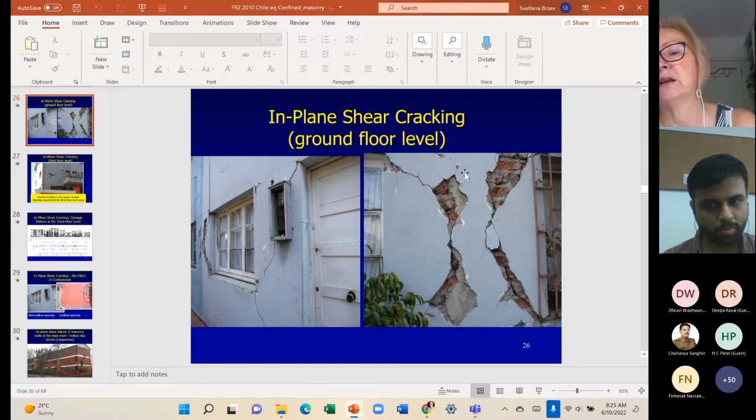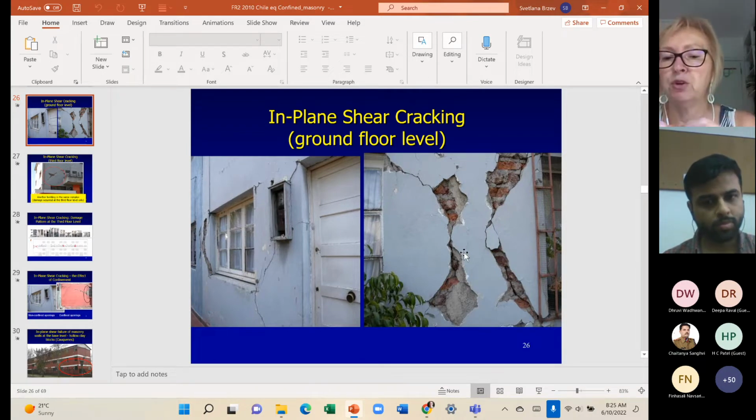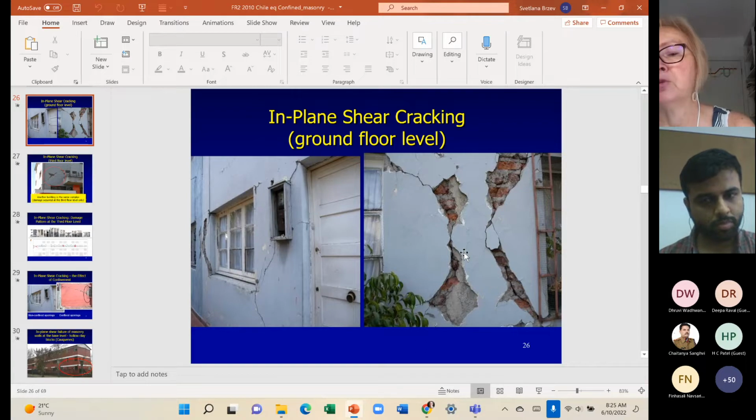The fact that there is a tie column in the middle will help, because there is concrete reinforcement inside, and when you put it all together, it would be a really nice element when it is restored. It would fully restore and even improve the shear capacity of that wall, because the shear capacity was low due to poor quality, low strength bricks and poor quality of construction. That is visible in this case.